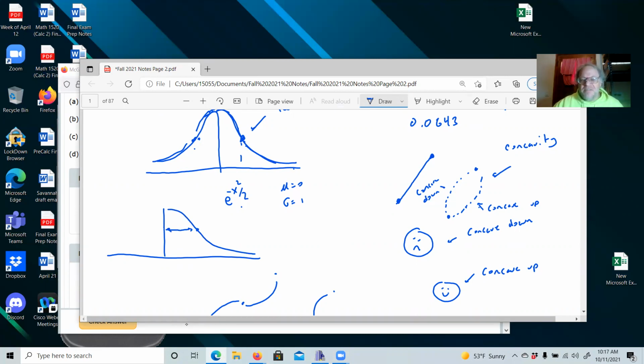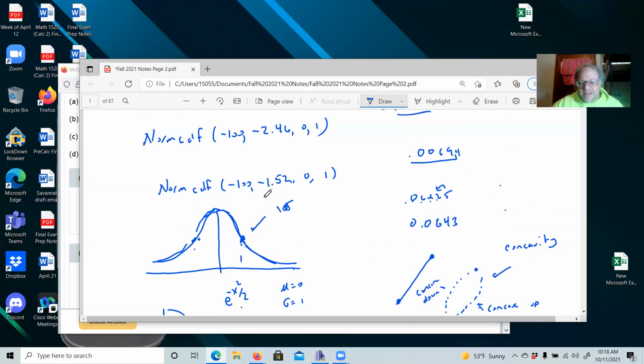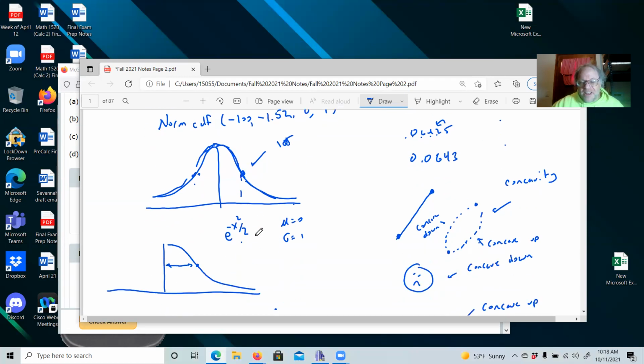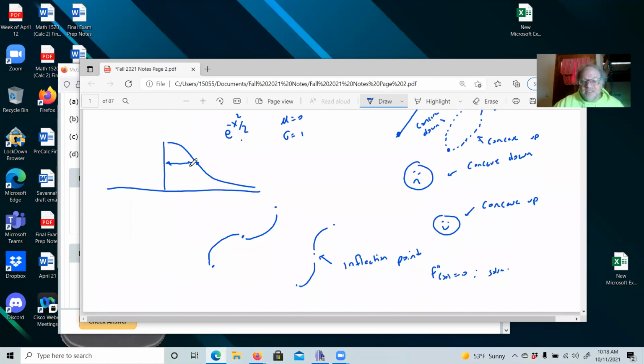So when I'm trying to figure out where I draw my values, I know that that distance, from right here, that's 1. On the other side, that's -1. Okay, so that's how I'm drawing them. You don't have to do this. Nobody will ever come by and say, hey, why don't you draw your normal distribution better?